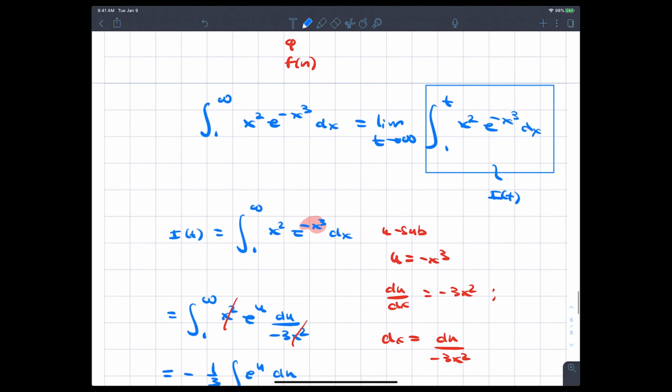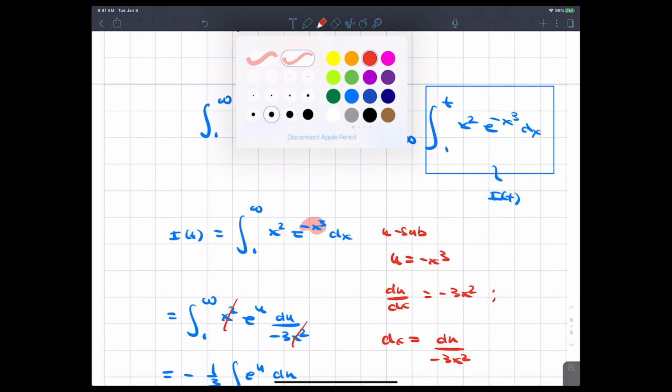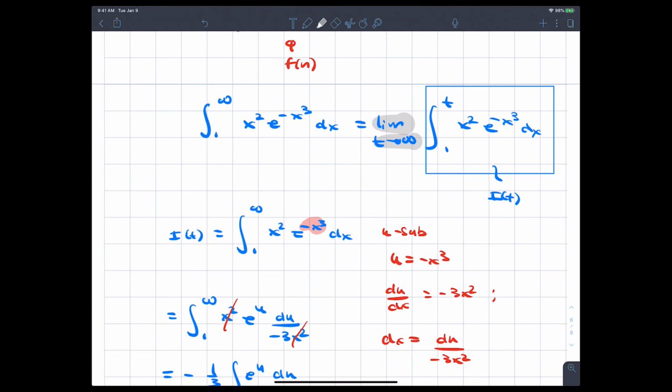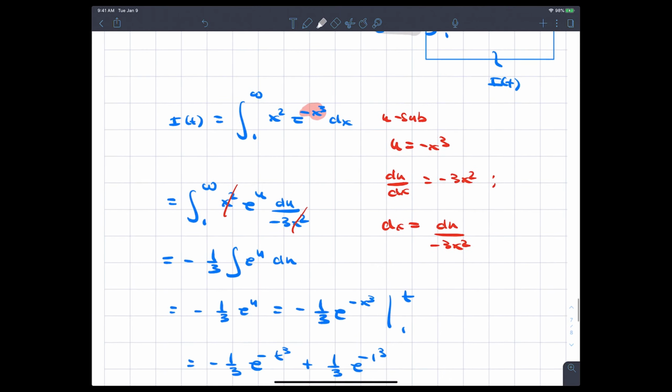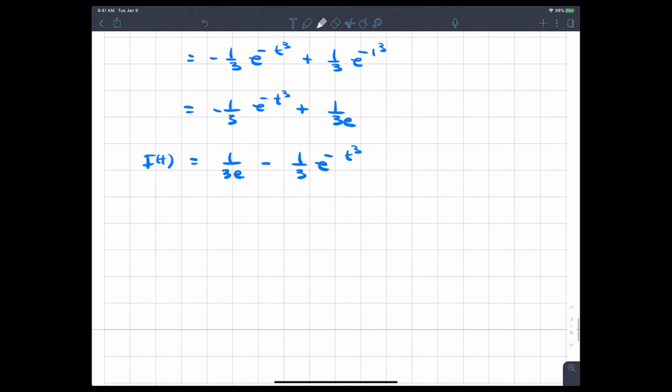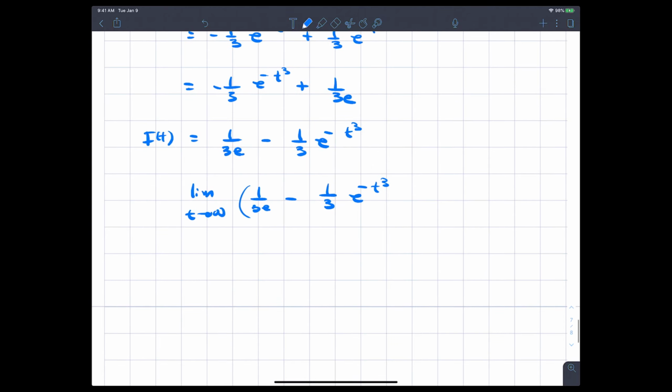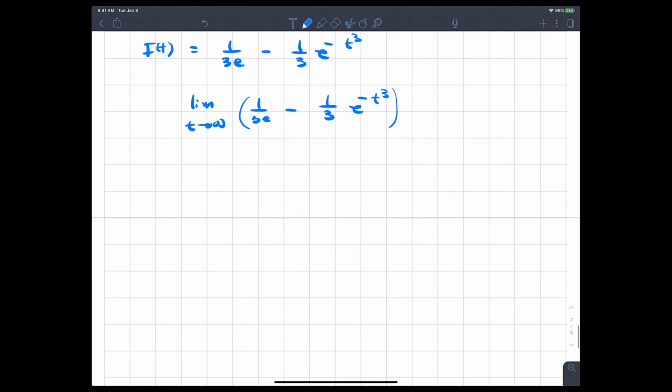We have to take the limit as t gets big and see if we get convergence or divergence. So the limit as t gets big, 1 over 3e, minus 1/3 e to the minus t cubed. Now really by properties of limits, I'm just going to go straight to the source there, or the actual way to answer our question.